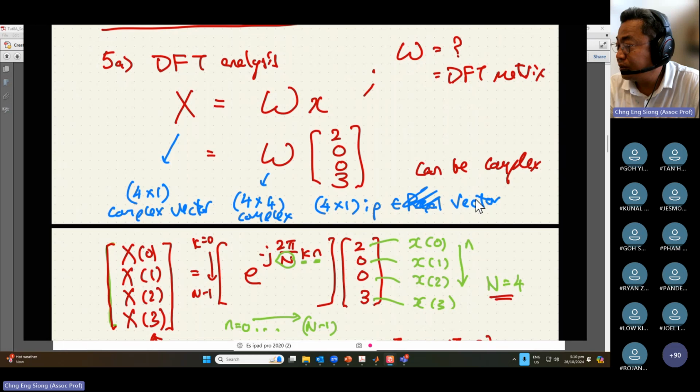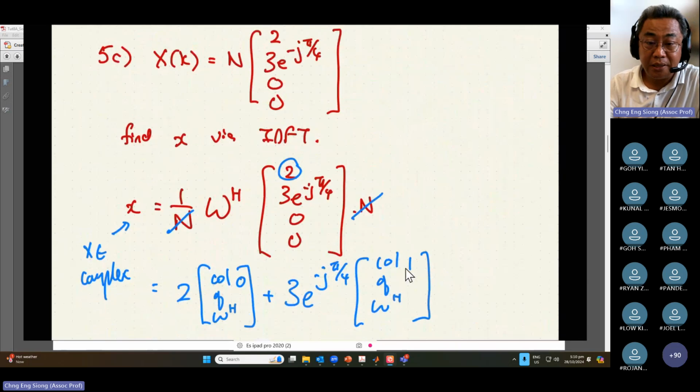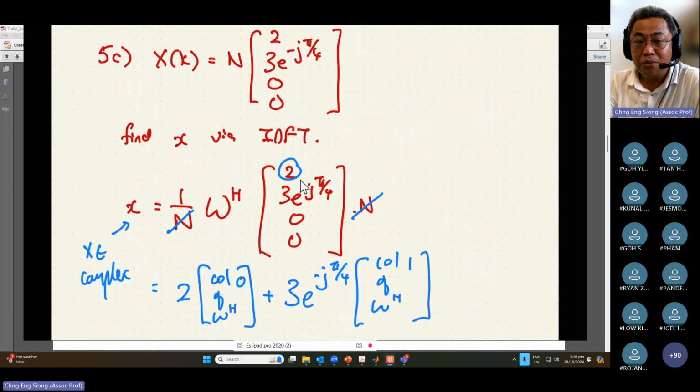What is the suggestion? x[n] via inspection. Yeah, this is the suggestion for how to find x by inspection. We know the equation for the inverse DFT, and we know that most of the values are 0. Therefore, we only need to construct the corresponding columns of W^H. That's it. This is the final answer.